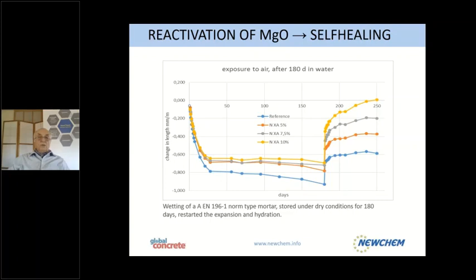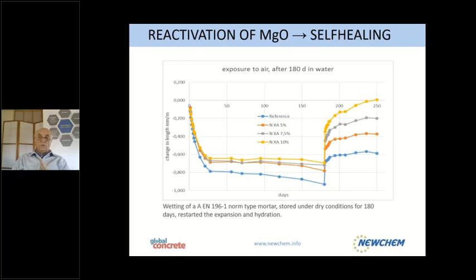And then your concrete will dry out and the magnesium oxide is not completely reacted. After 180 days, we put these specimens in water to look at what they look like and to see if the magnesium oxide, which is remaining in the concrete, is still reactive.